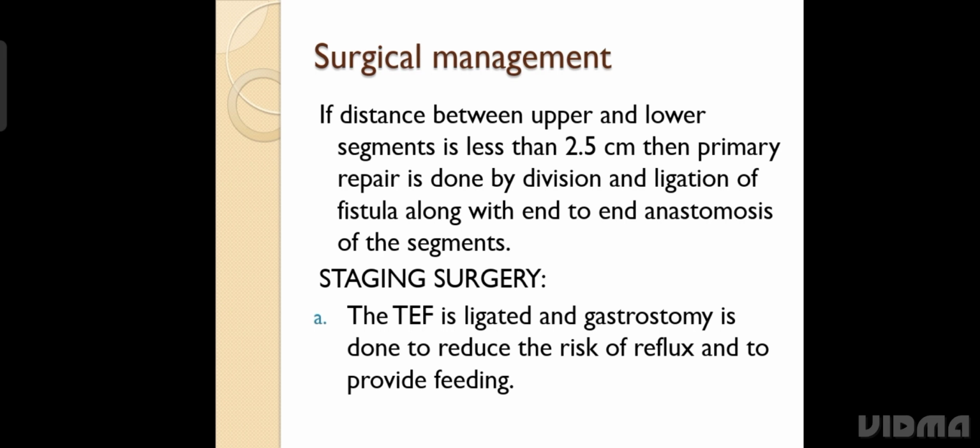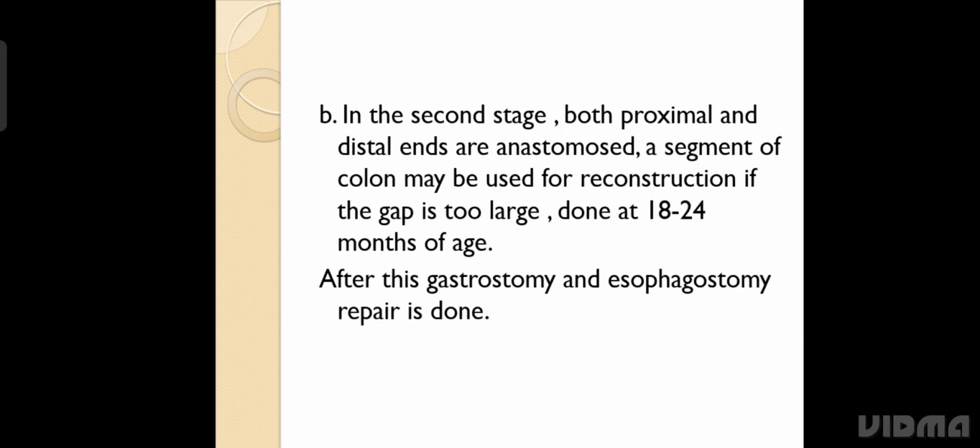Now staged surgery can be done, in which the TEF is ligated. Then gastrostomy is done to reduce the risk of reflux and to provide feeding to the infant. Then in the second stage, both proximal and distal ends are anastomosed. A segment of colon can be taken in reconstruction surgery, and this reconstruction surgery can be required if the gap between the proximal and distal end is more than 2.5 centimeter.